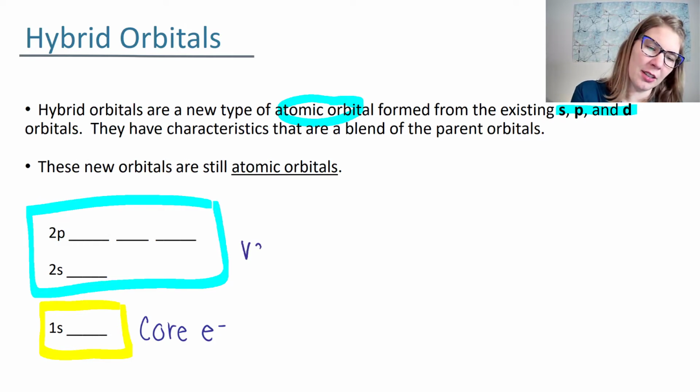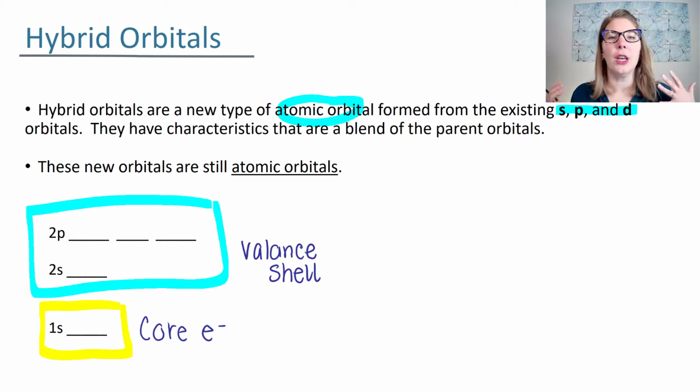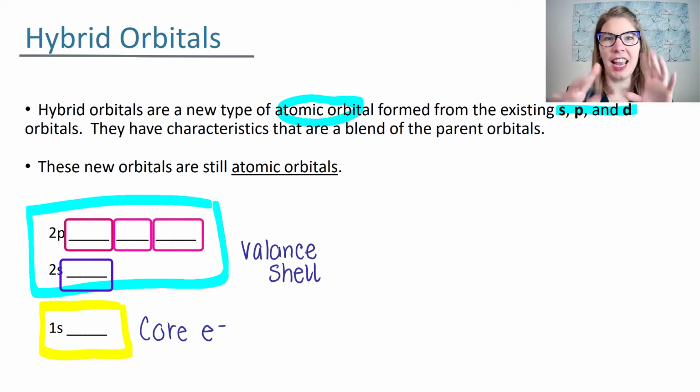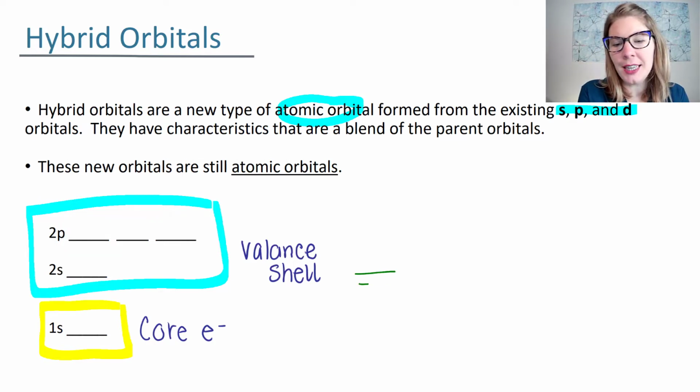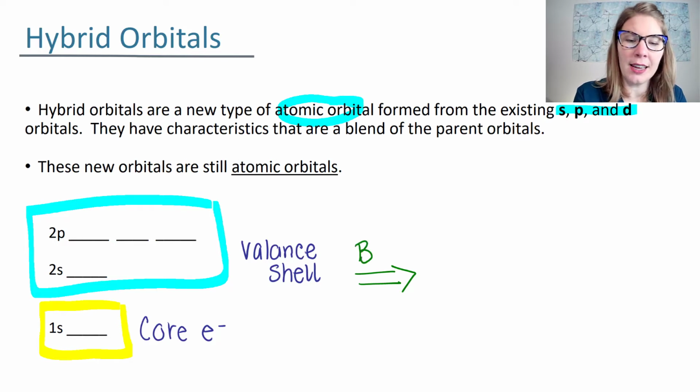These are your valence shell. You have your core electrons, you have your valence shell. What happens is you take some number of your s and your p and your p and your p, and you blend those together. And after you do the blending, what you get is hybrid orbitals.